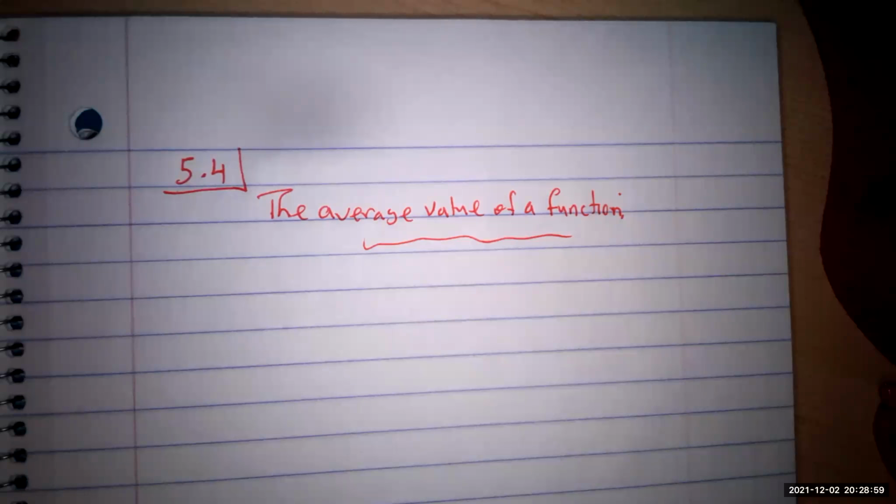As I talked about it, if you have a finite number of values, then you can easily find the average of those numbers. But when you're dealing with a function, the situation is going to be different.